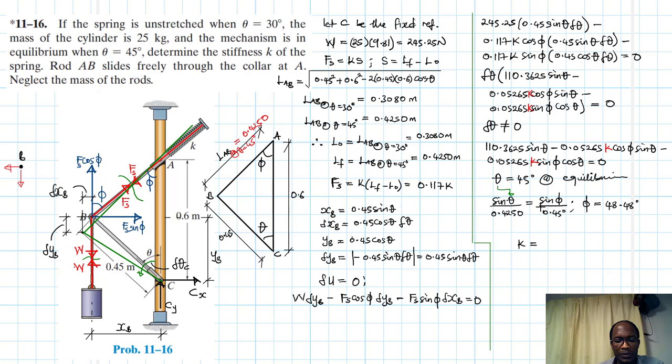This gives us 1484.94 newtons per meter.